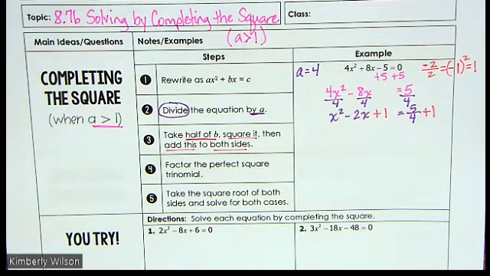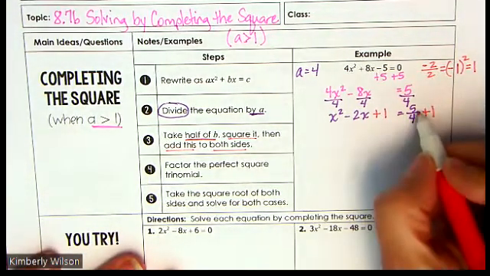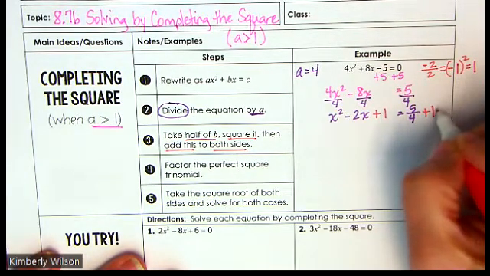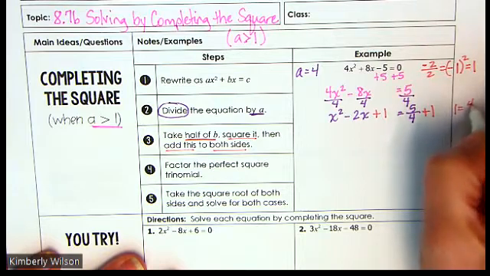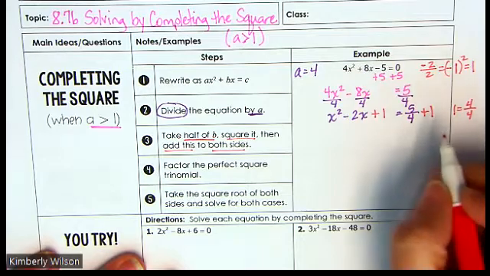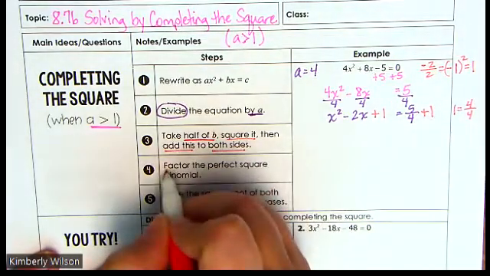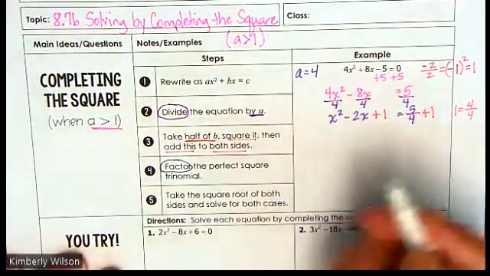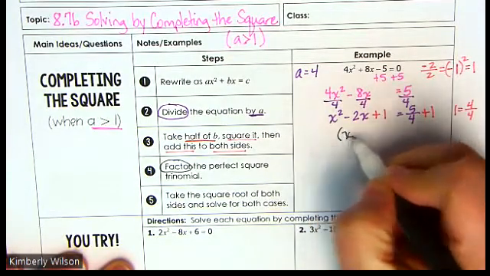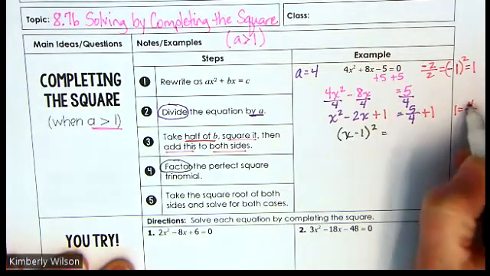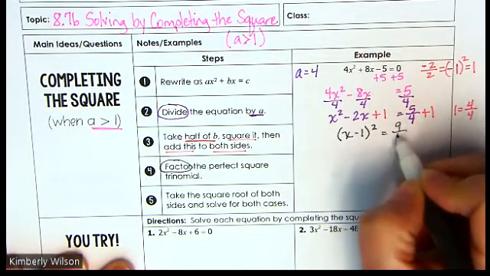If I've got to add it to this, that means I'm going to change that 1 to 4/4, so it's a common denominator. Then the next part, which is factor, so this is going to become x minus 1 squared equals 4 plus 5 is 9/4.